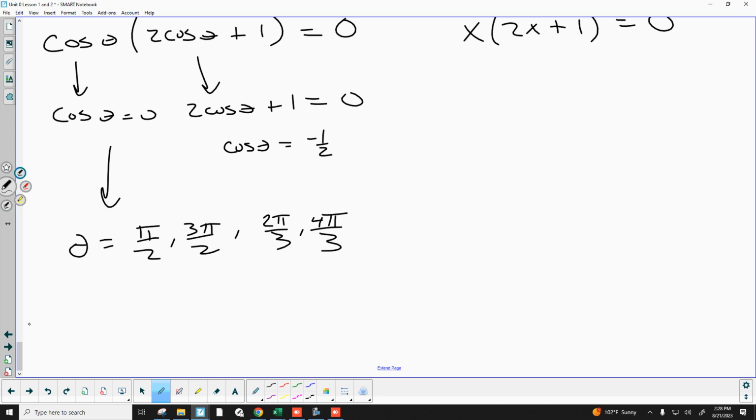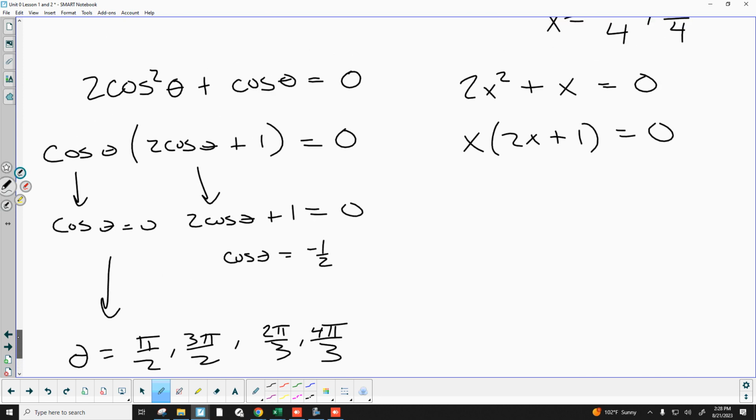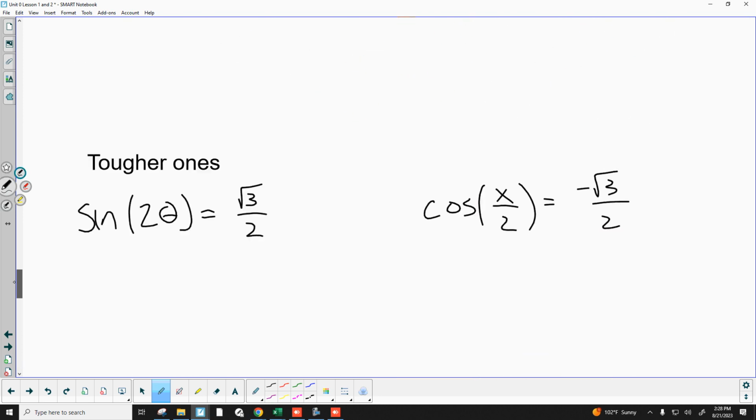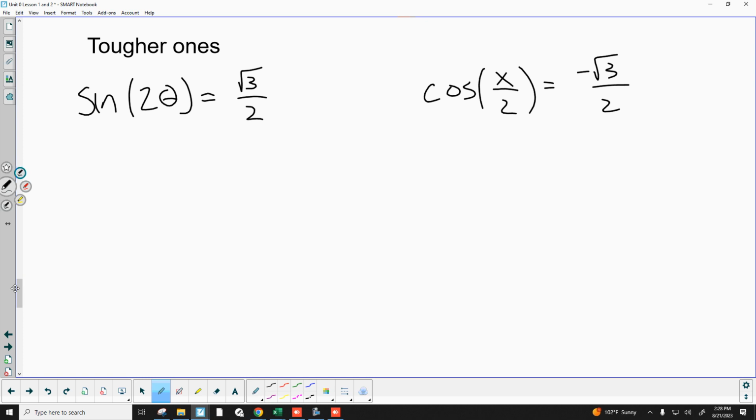Bringing us to our last question that will have more than just 2 answers. We'll practice all these tougher ones a lot on Wednesday, but let's go to this one. Notice there's something other than just x or theta.